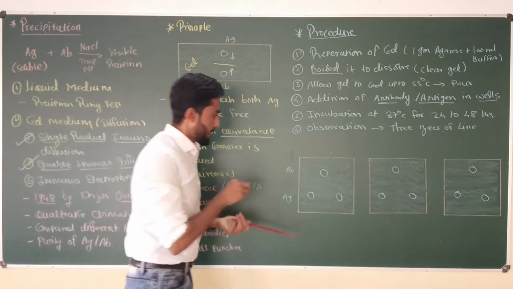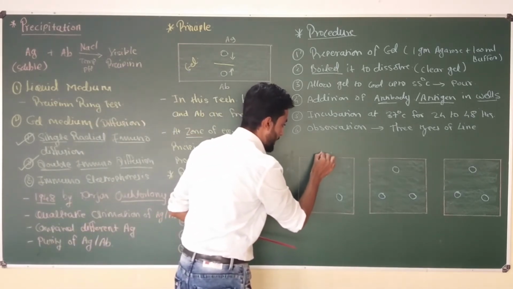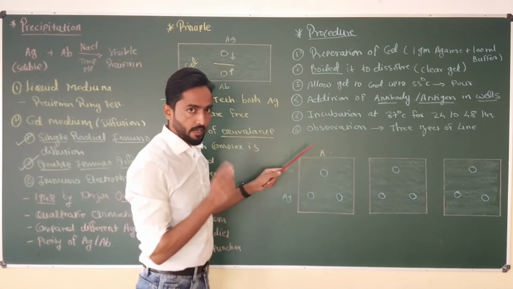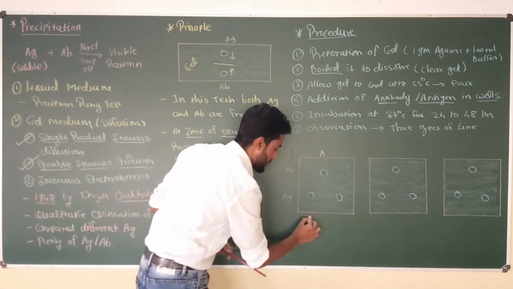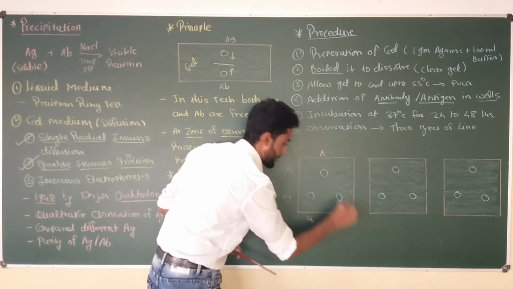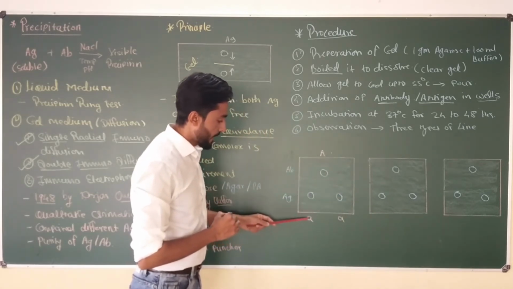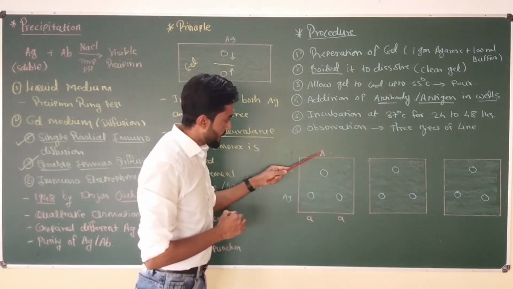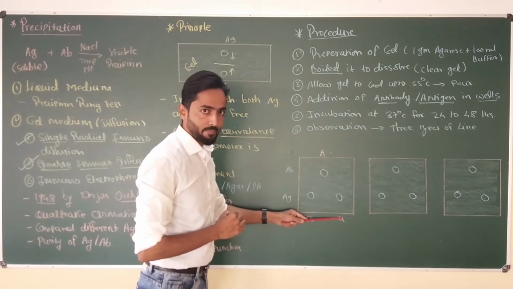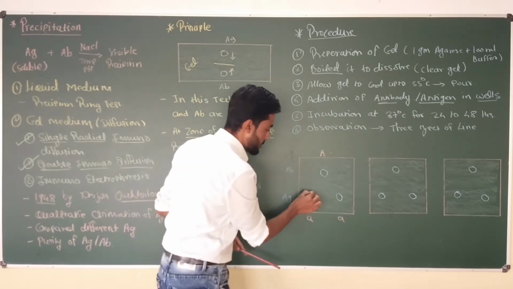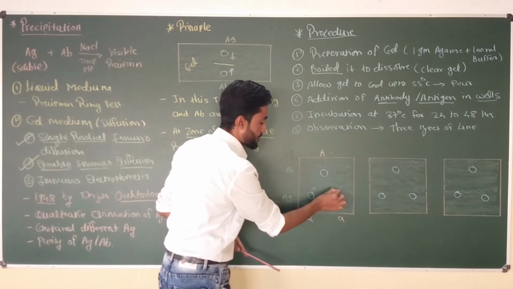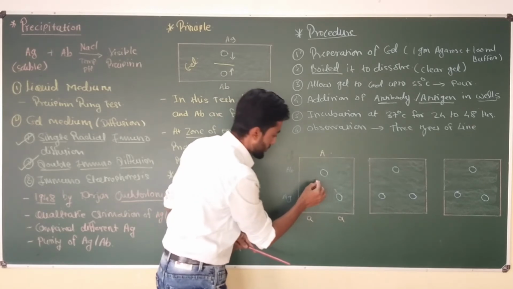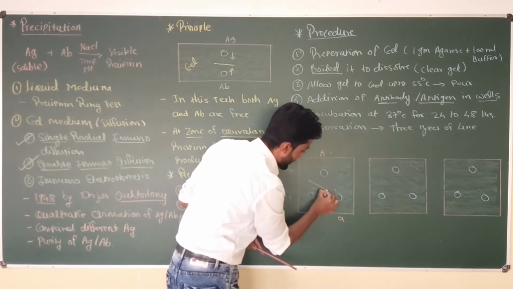First, we add antibody A in this well, and we show antibody by capital letter, and we add antigen small a in both these wells. Now this capital A antibody is specific for this small a antigen, so the antigen diffuses towards the antibody and the antibody also moves towards the antigen, and at the zone of equivalence they produce a precipitation line like this.